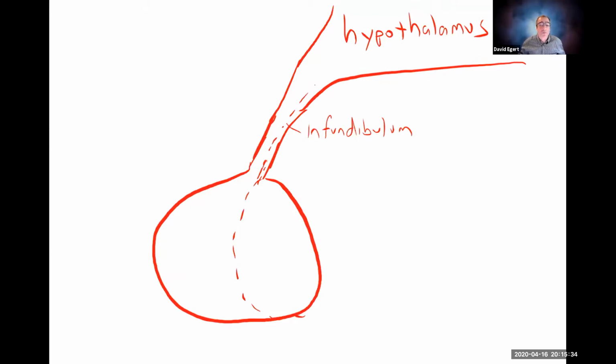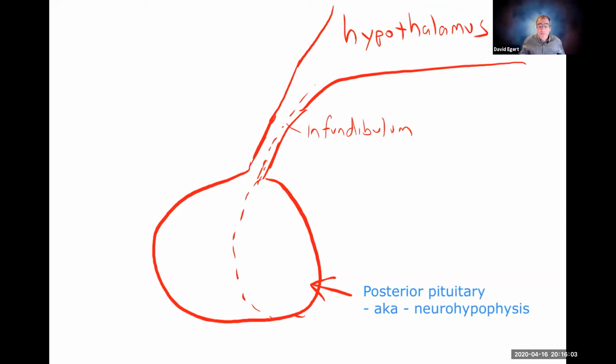There's more than two, but there's two main sections of the pituitary. There's the posterior pituitary. This is also known as the neurohypophysis.